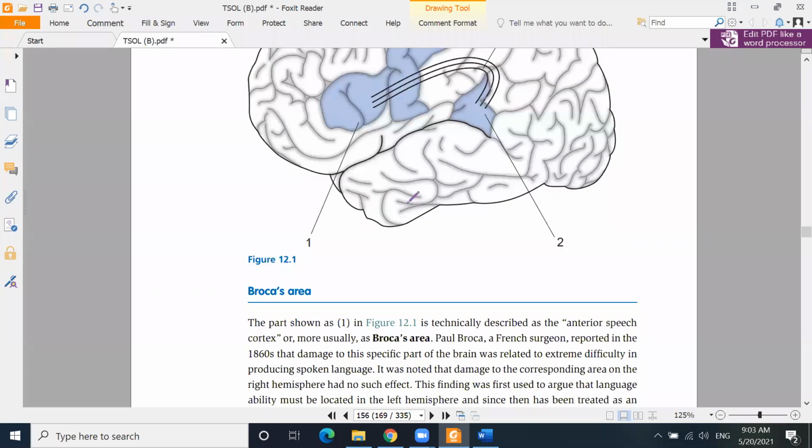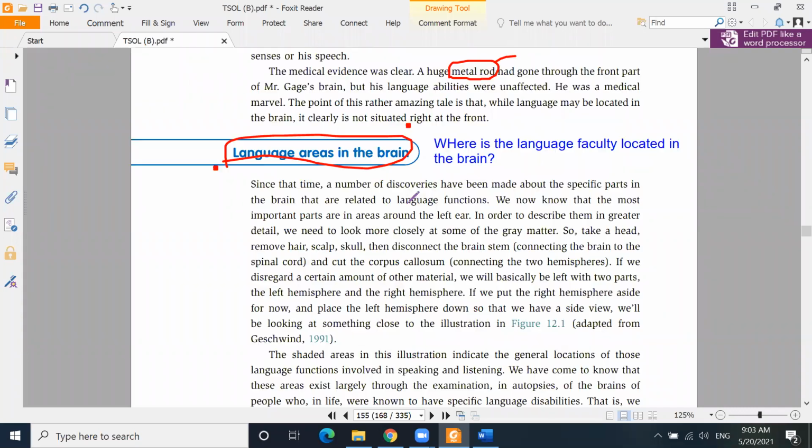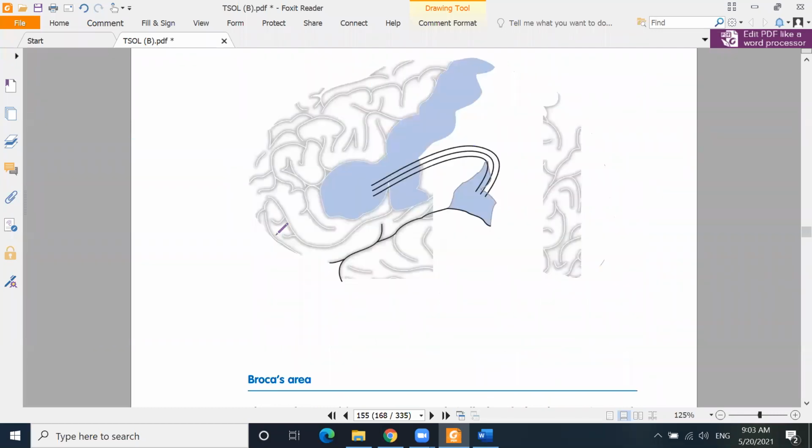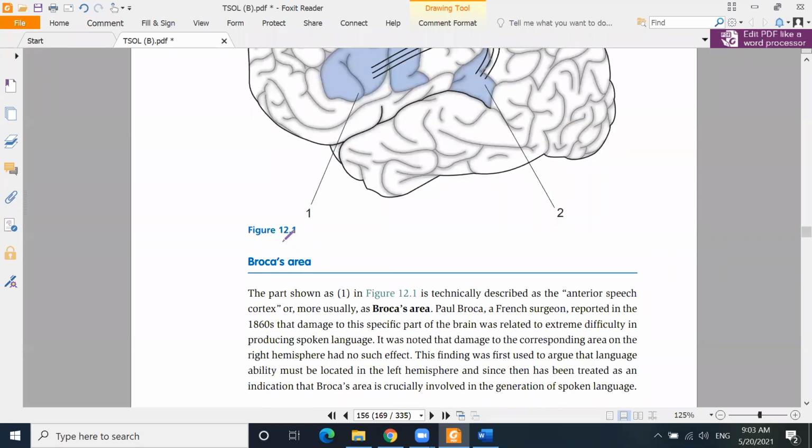So let's talk about parts of the brain, right? Our topic is language areas in the brain, or you may say parts of the brain responsible for linguistic function. Linguistic function means production of language or comprehension of language and things like that, right?